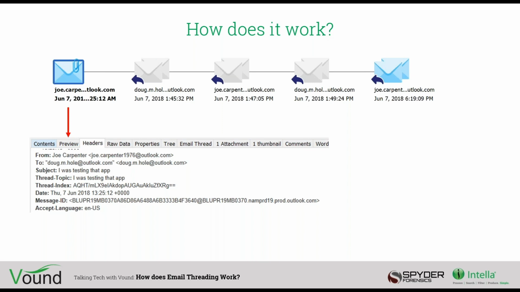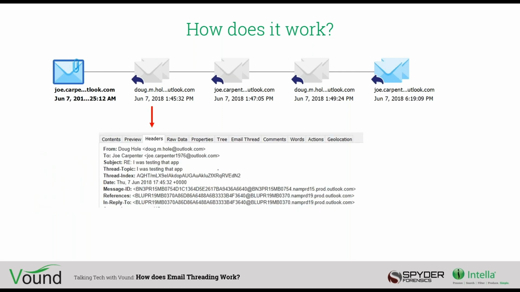You do see thread topic and thread index. These are Microsoft Outlook specific fields, and for those of you that are interested, these fields are what Microsoft Outlook used to rebuild the conversation so you can see a conversation view within Outlook. But if you see at the bottom, we have the message ID. So this is the unique ID for that email.